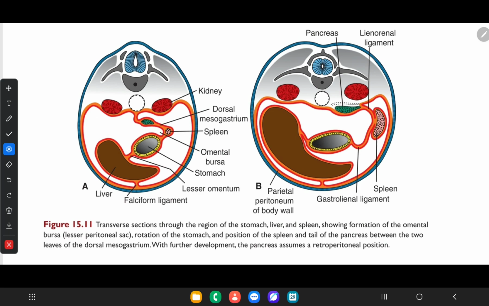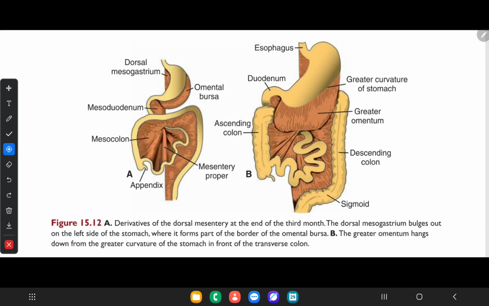As a result of rotation of the stomach about an anteroposterior axis, the dorsal mesogastrium bulges down. This dorsal mesogastrium bulges down and continues to grow down and forms a double layered sac. This double layered sac is called the greater omentum.